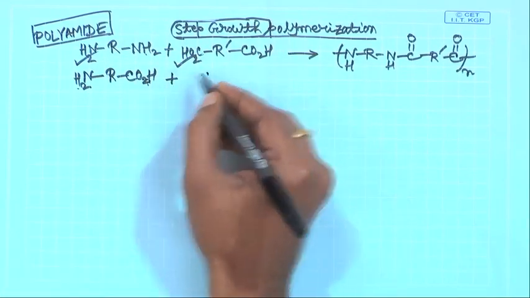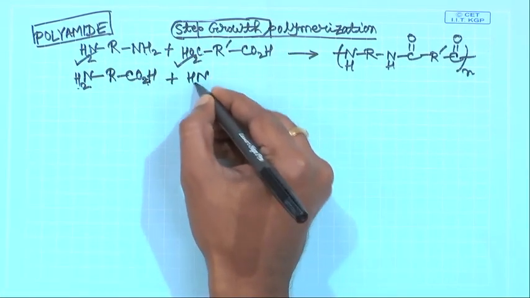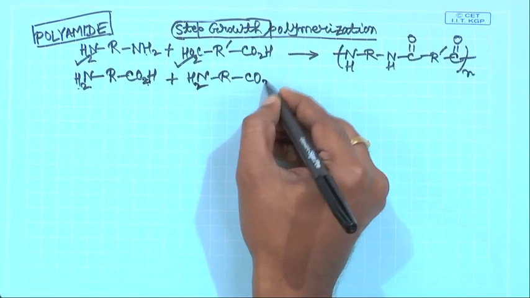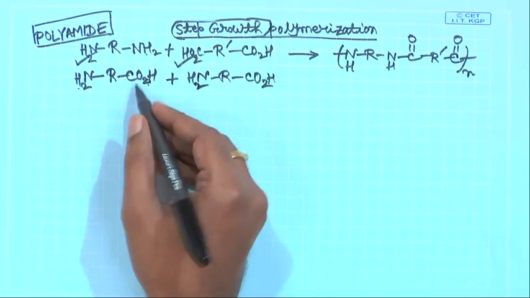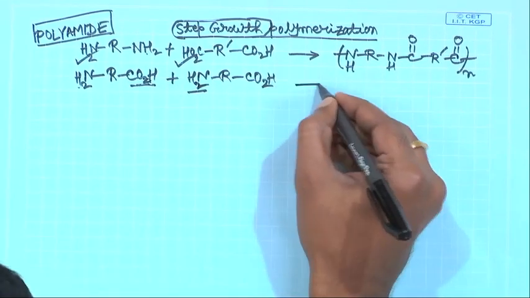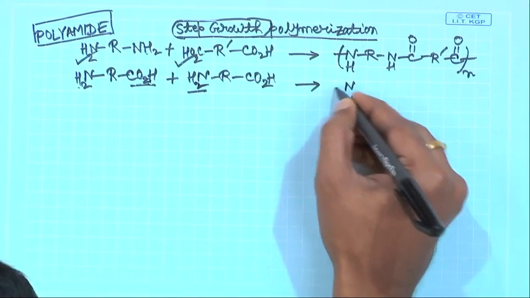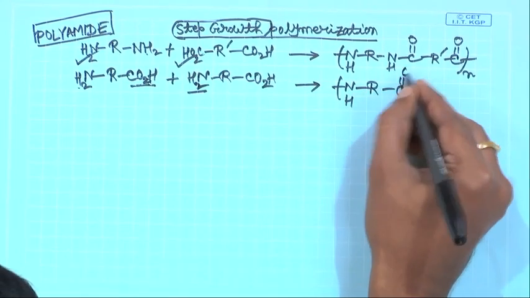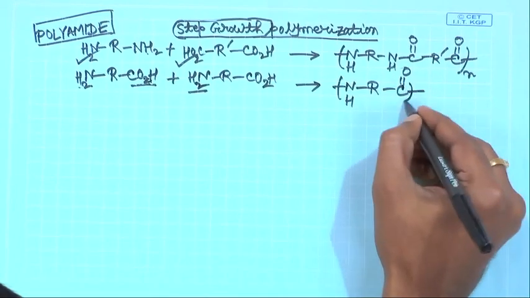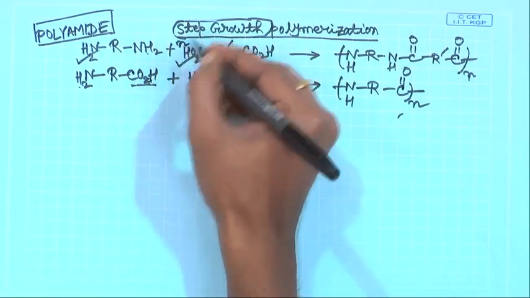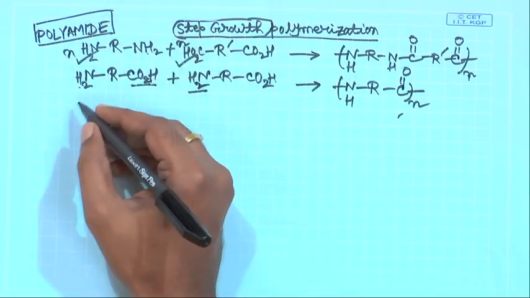So, you can have something like this. It is the same molecule actually reacting, which can also be called self amidation. This carboxylic acid can react with the amine, and so on and so forth, and then you will have a repeating unit which resembles something like this. Say n number of units, if it is n molecules of this and n molecules of this.